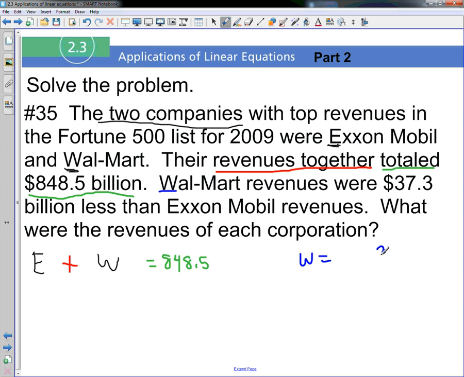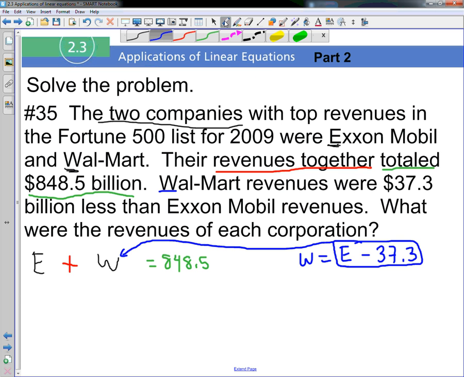So 37.3 less than the Exxon. Okay, so that tells me that I can replace W with Exxon minus 37.3. So let's go ahead and drop that in for Walmart, and that's going to get us to one variable.